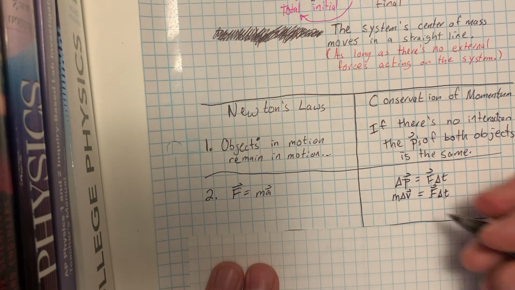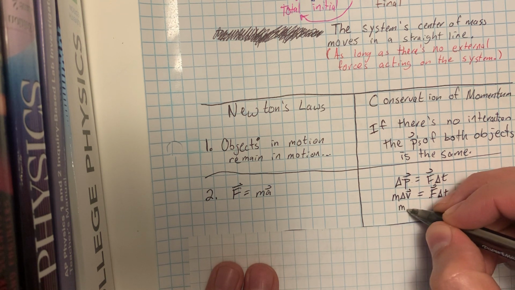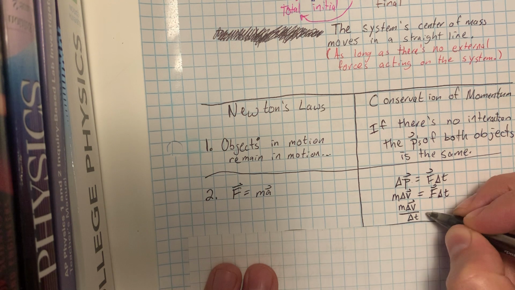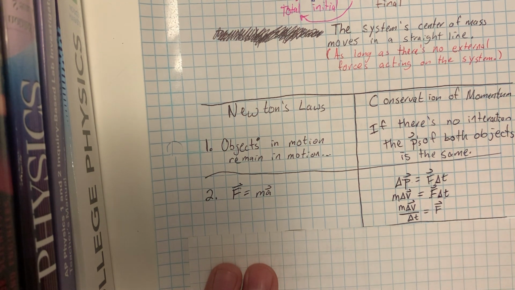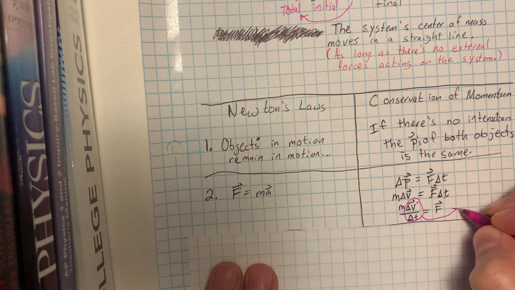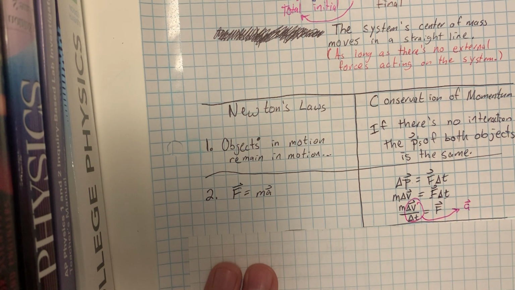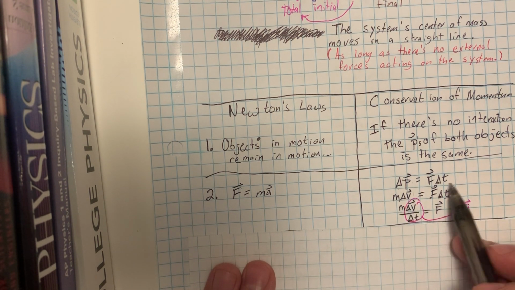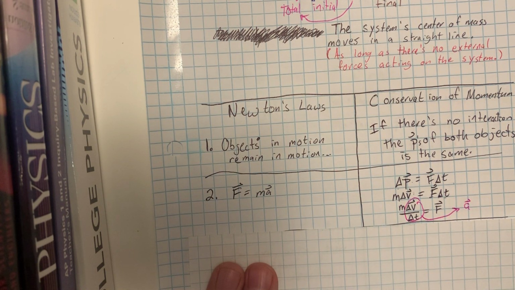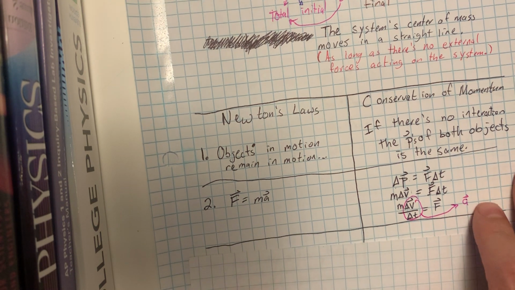Well, if we solve this for F, we get a delta T over here, and that's equal to F. And the astute among you will notice that that is an A, and we just turned delta P is equal to F delta T into F equals MA. So once again, this conservation of momentum stuff just basically goes straight into Newton's laws.